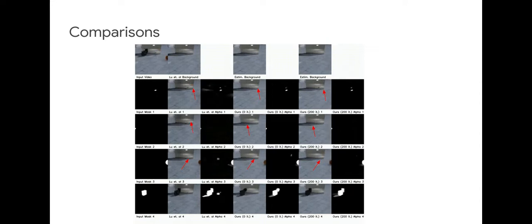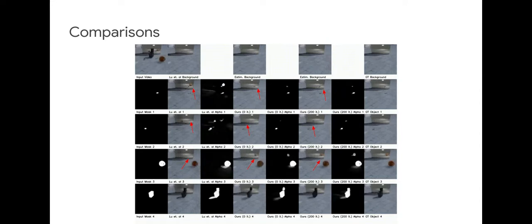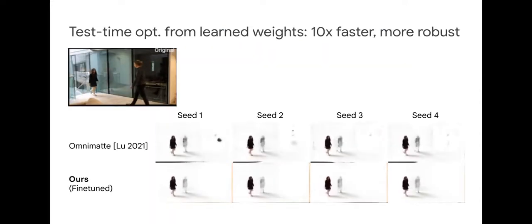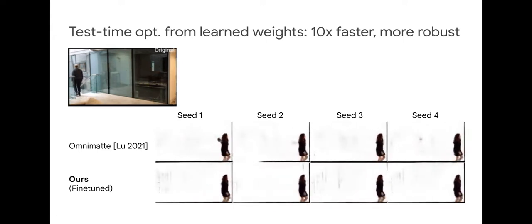Our zero-shot result assigns the reflections to the correct layer, but the reconstruction is coarse. After fine-tuning on this video, our model produces higher quality layers which closely match the ground truth. Not only is our result more accurate than Liu et al., it's also 10 times faster, with the fine-tuning process taking minutes.